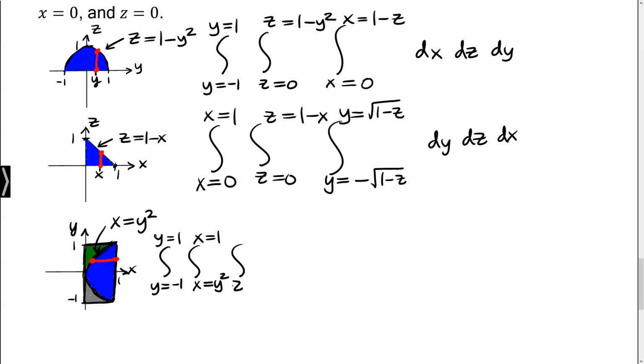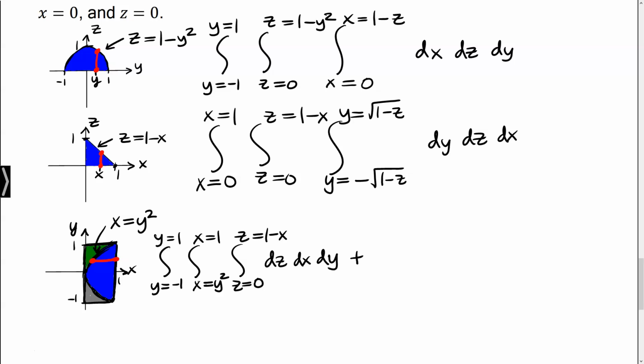And then z, now remember that inside this part we had to go up to the plane, not the cylinder. So that's from z equals 0 up to that slanted plane, which was z equals 1 minus x. And this is dz, dx, dy.